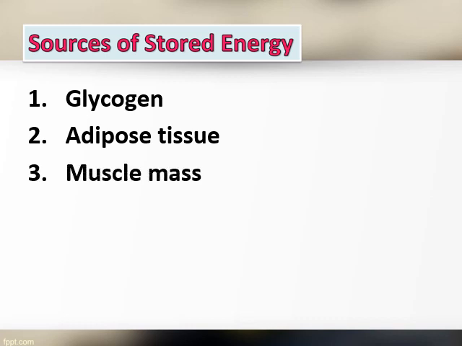The third source of stored energy is muscle mass. Energy stored as protein exists in limited amounts in muscle mass, but this lean mass must be maintained for health. Only during longer periods of fasting or starvation does the body turn these tissues to energy.